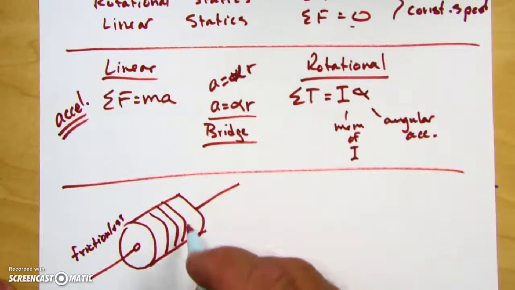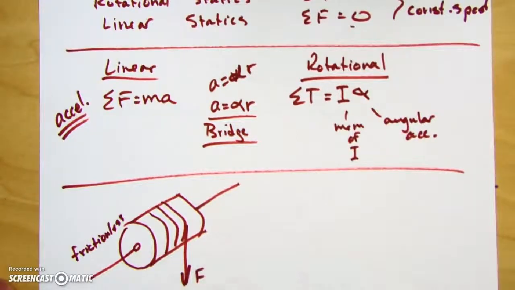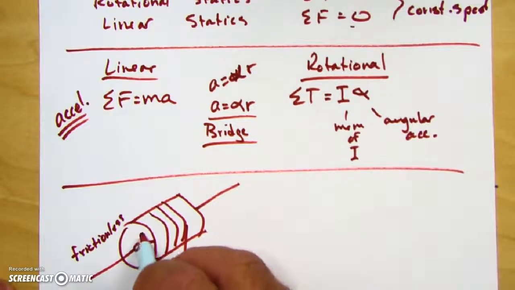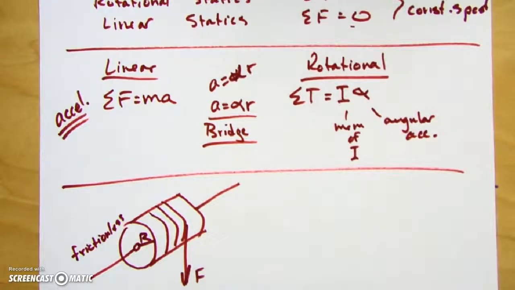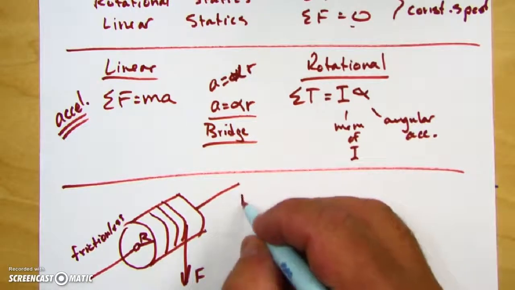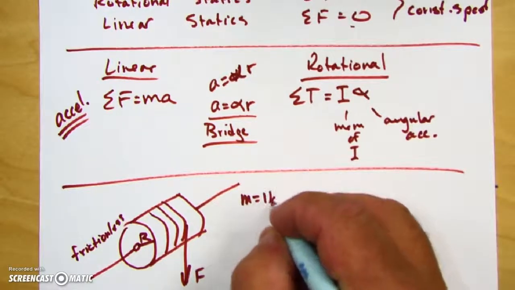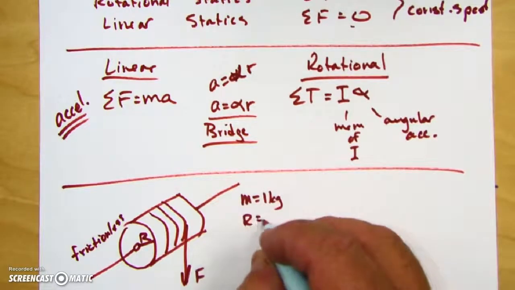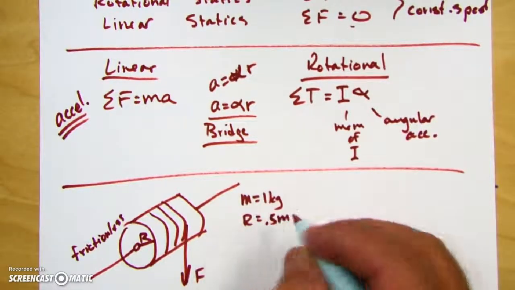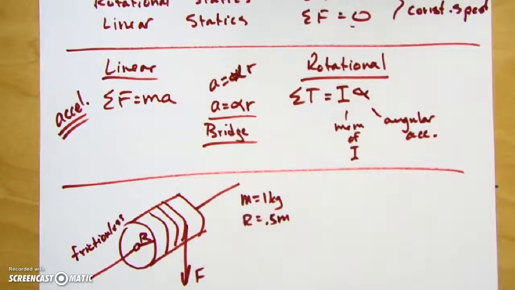Let's pull the string down this way, and we'll apply a force down there. This is going to have radius r. Let me see what else I need to give you. Let's say that the mass of the cylinder is 1 kilogram, and r is equal to 0.5 meters. So let's go through that.